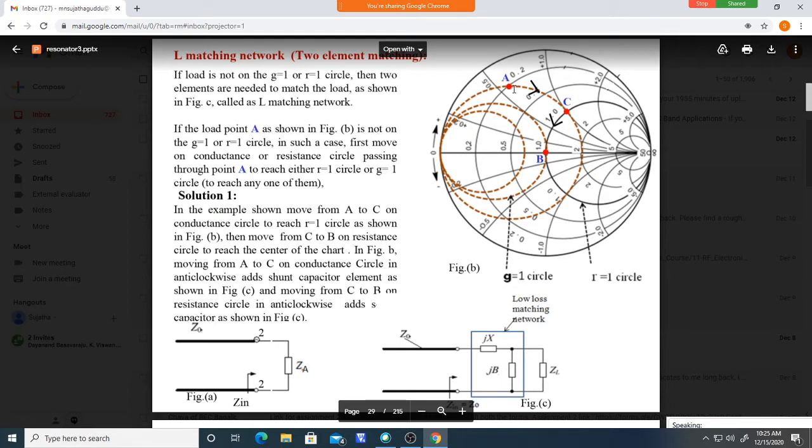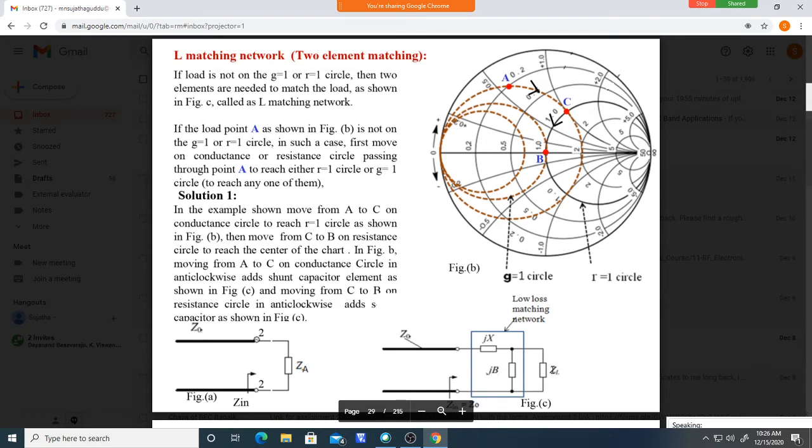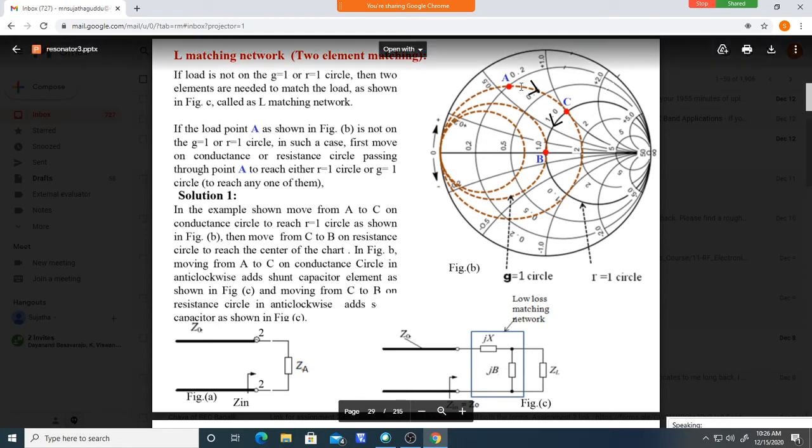For example, some load is given, it is marked here. The normalized value of this load, for example, 0.2 plus j0.2 is given. It is marked here. Okay, sorry, it may be 0.5 something. It is marked here.